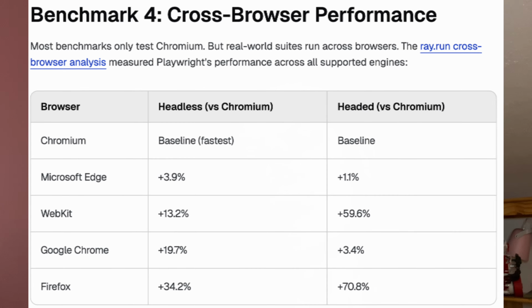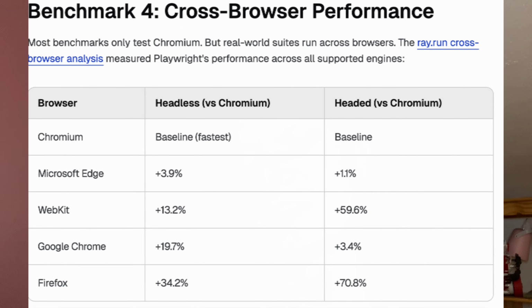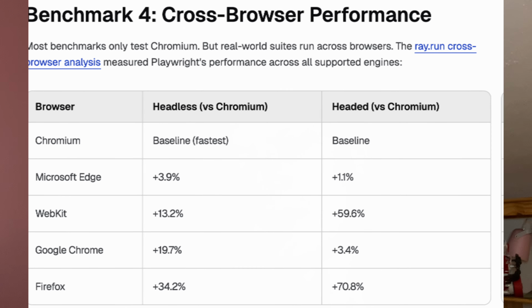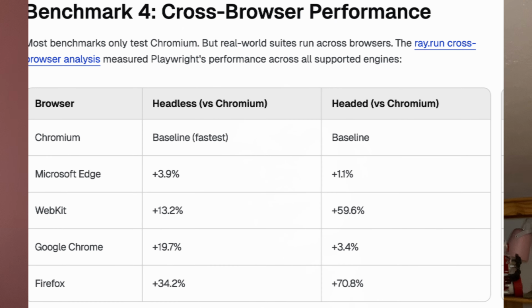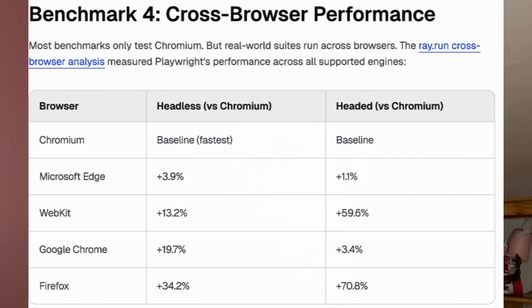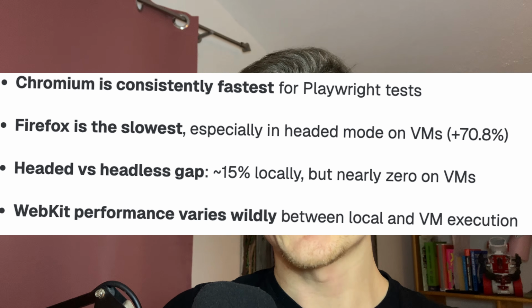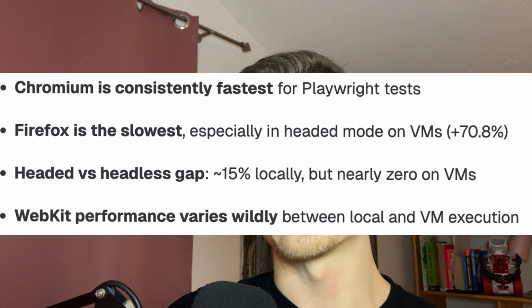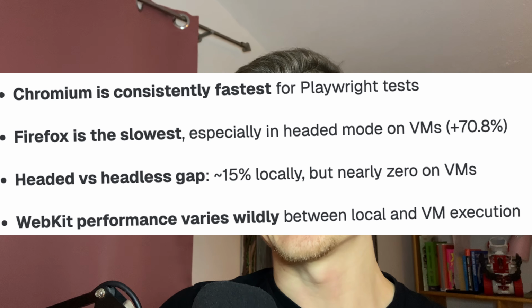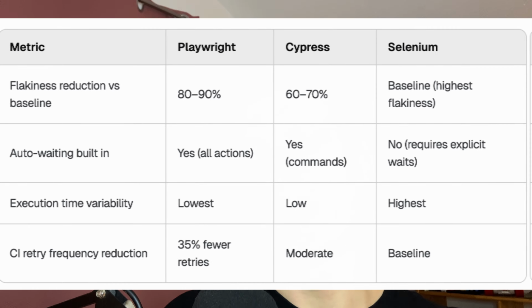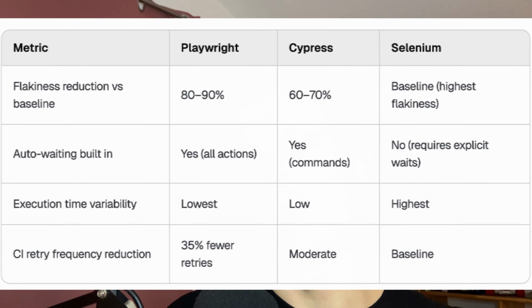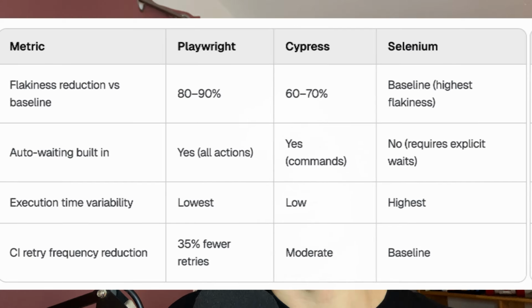Microsoft Edge adds roughly 4%, WebKit 13%, Chrome plus 20%, and finally Firefox 35%. Takeaways: Chromium is consistently faster for Playwright tests. Firefox is the slowest. The performance gaps are not random, they are built into how each framework communicates with browsers.